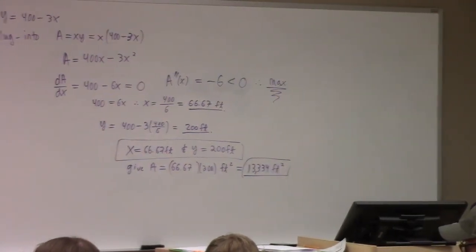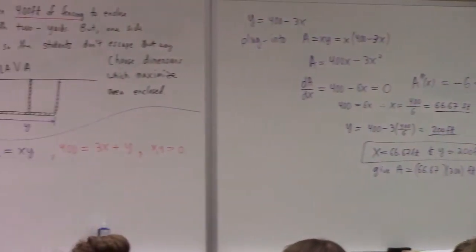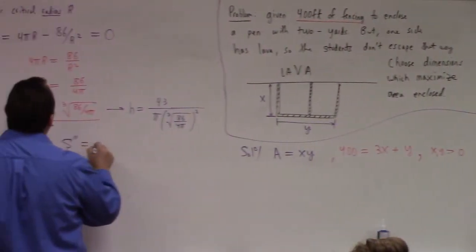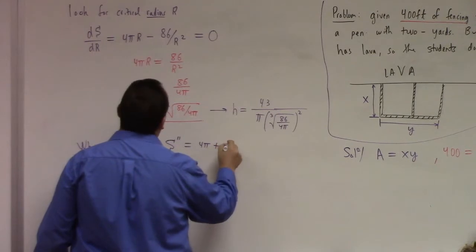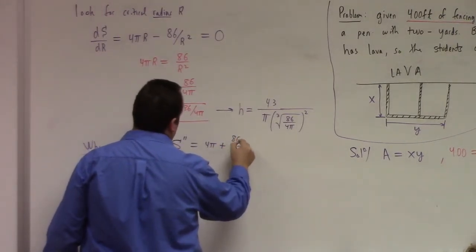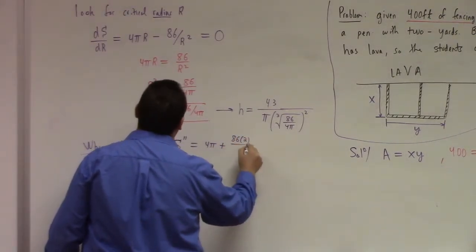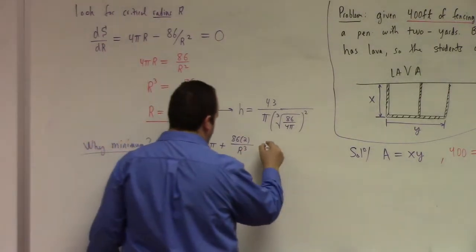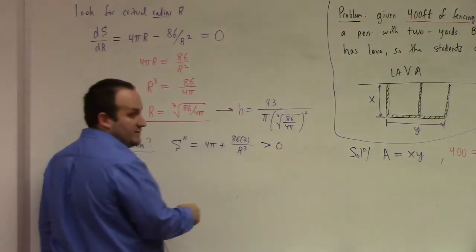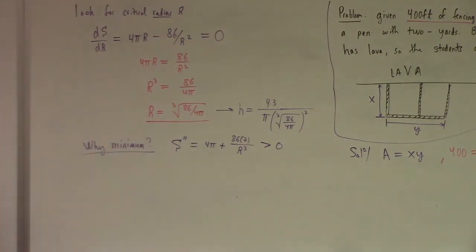Why minimum? Well, how about S double prime? It's 4 pi plus 86 times 2 over r cubed. The point is, when you plug in the critical radius, that's greater than 0. Therefore, we're finding a minimum by the second derivative test.